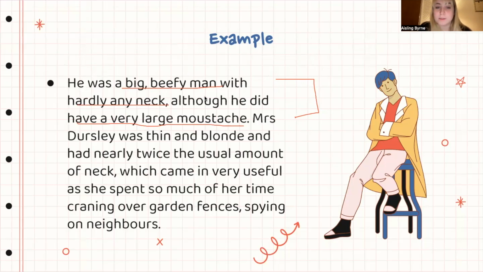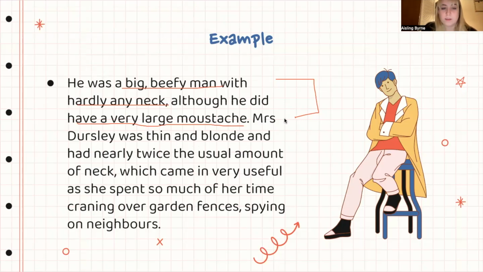So we know he's big, he's beefy, he's got very little neck, and a big mustache on his face. Now, if we move on to Mrs. Dursley: "Mrs. Dursley was thin and blonde and had nearly twice the usual amount of neck, which came in very useful as she spent so much of her time craning over garden fences spying on neighbours."